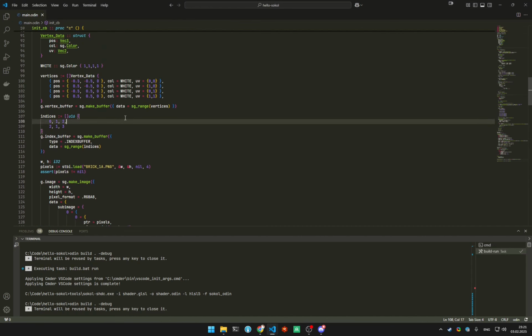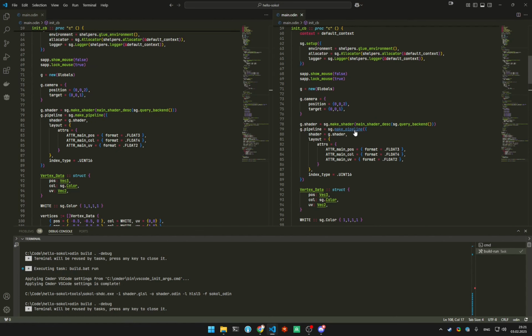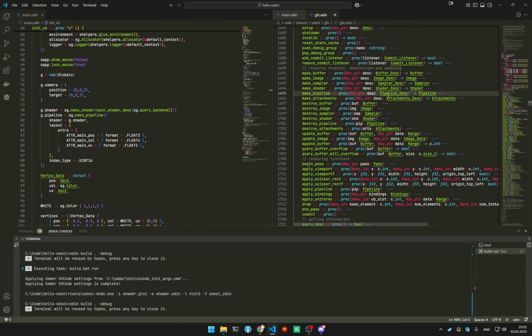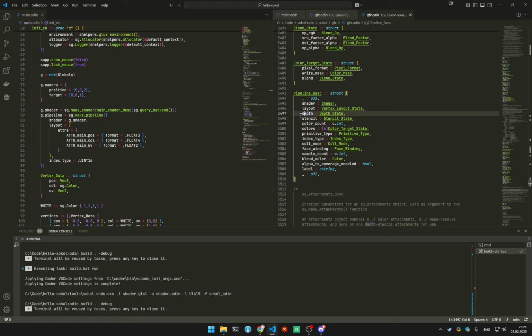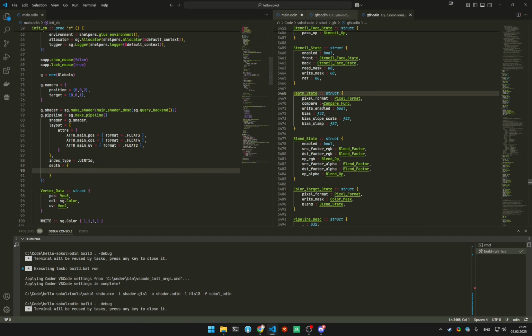This is part of the pipeline configuration. So what we need to do here is, of course, configure our pipeline, and this is the field that controls that. So we say depth, and we need some configuration here. We don't really care a lot about them.